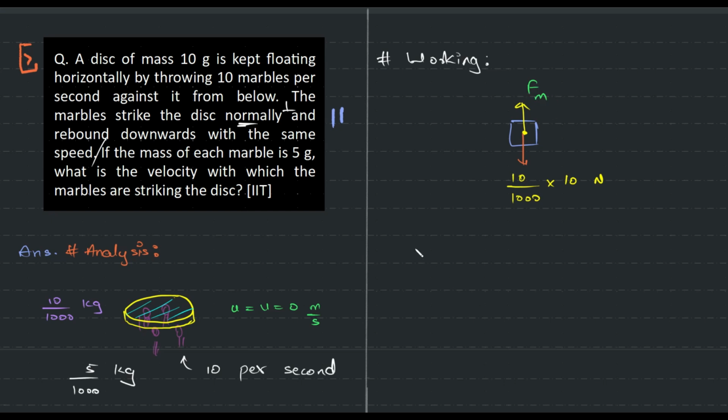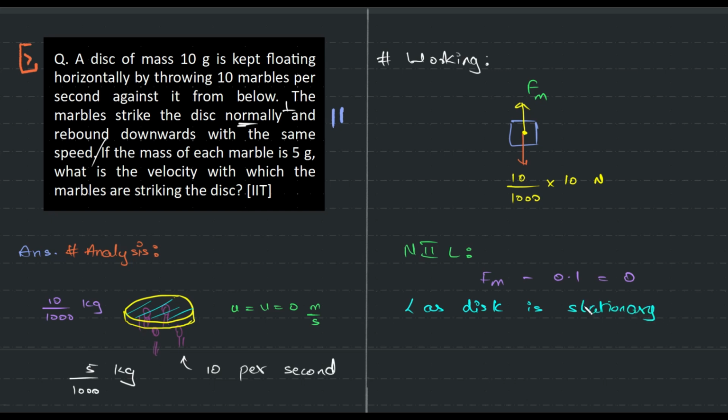Right? So as per Newton's second law, what we have is Fm minus 10 by 1000 into 10 is 0, so Fm should be 0.1 equal to 0 because the disc is stationary.